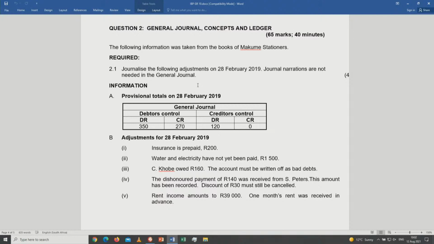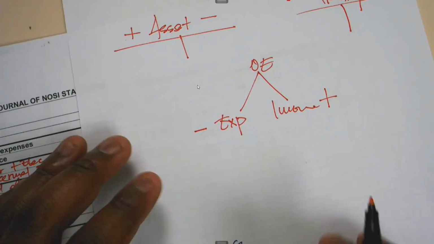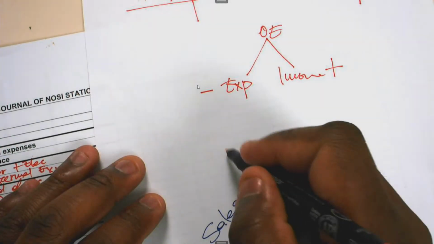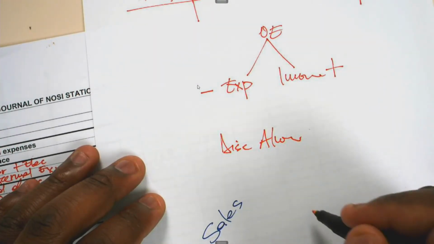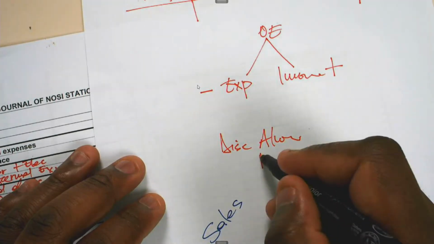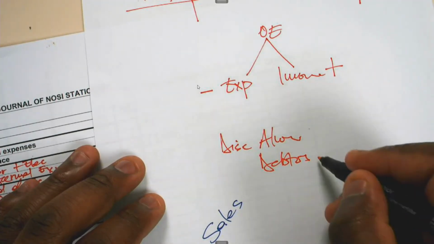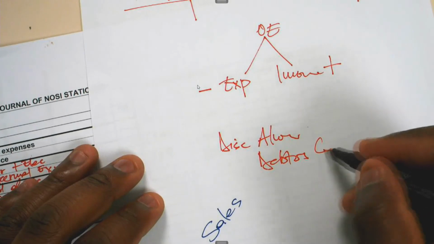Now, remember, initially, when we gave a debtor discount, we debited discount allowed, right? And then we credited debtors control.